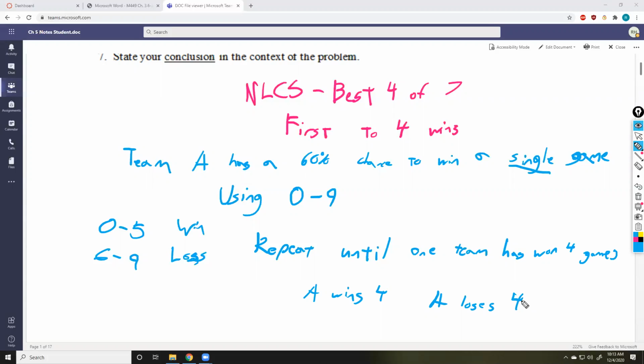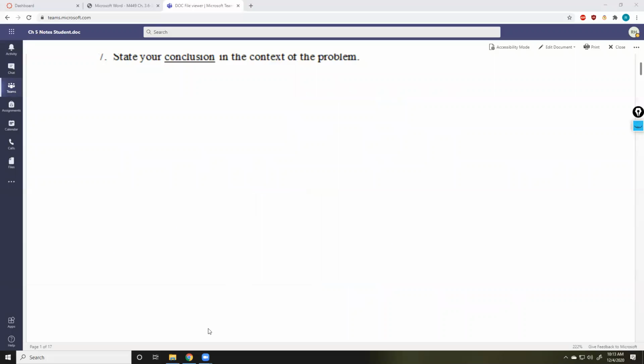So again, what we're doing here is we're using random numbers to model or simulate the event that's happening. In this case, we're using the digit to represent a game, a baseball game. And so we're going to go to the calculator. I'm going to start by doing this on the calculator.